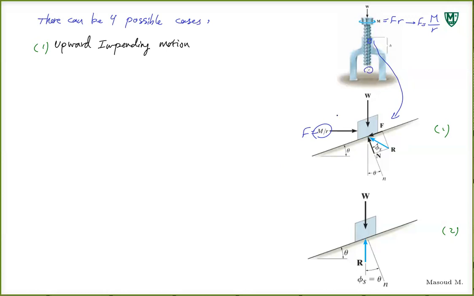We have the possible motion, right? In this case, we're talking about upward impending motion. The possible motion could be in this direction. And remember, the friction is always trying to stop the motion, or it's against the direction of the possible motion.